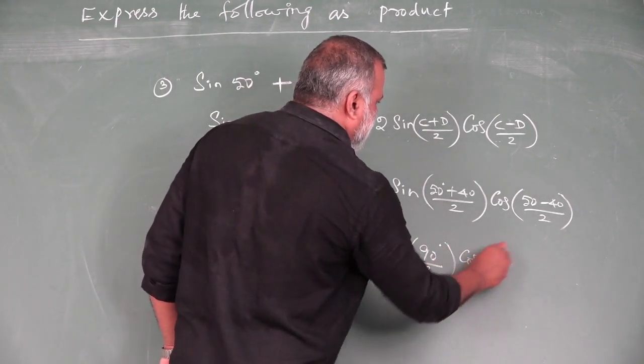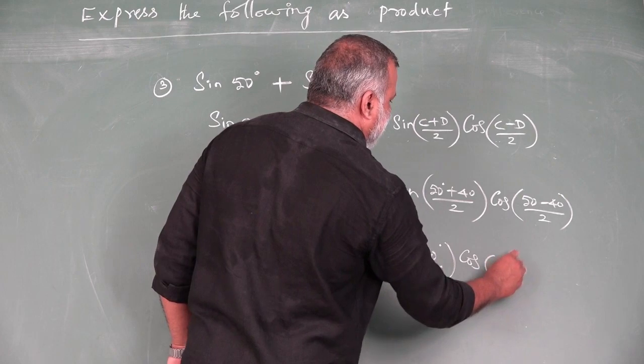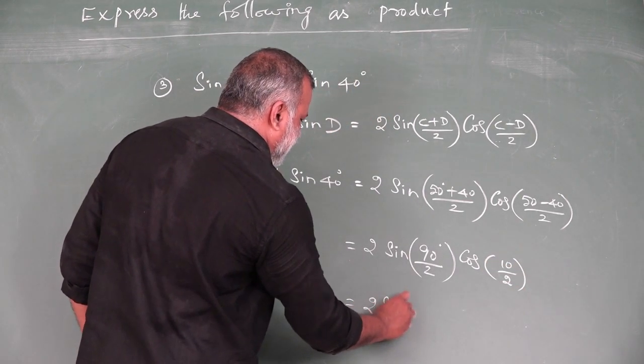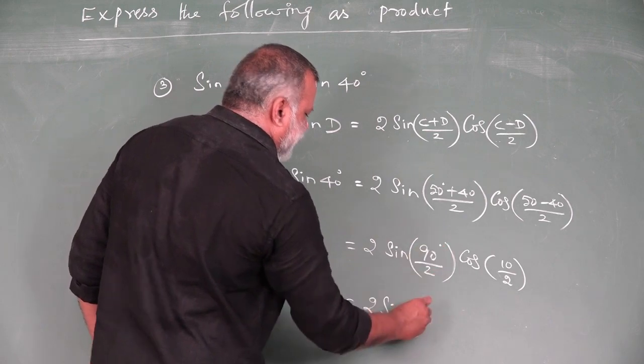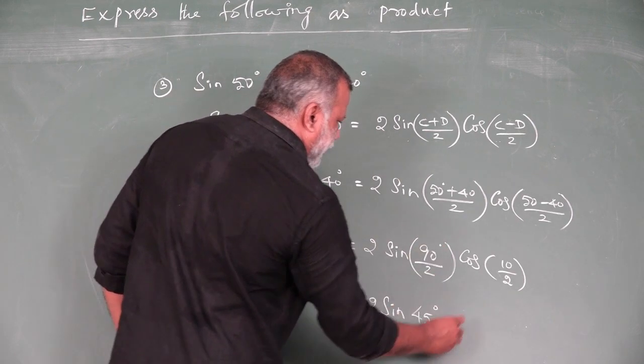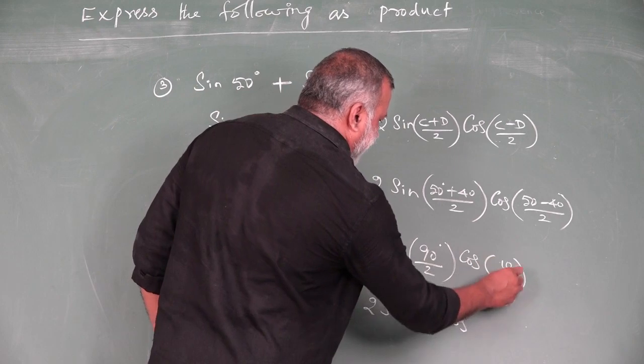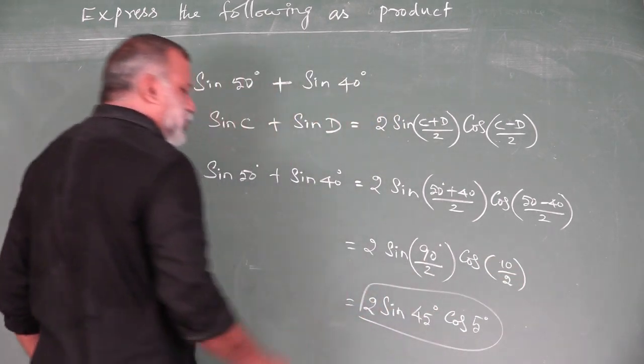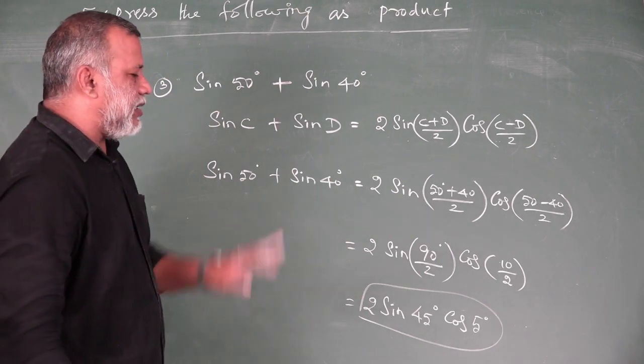Then 90 by 2 gives 45, and 10 by 2 gives 5. This is the result: 2 sin 45 cos 5.